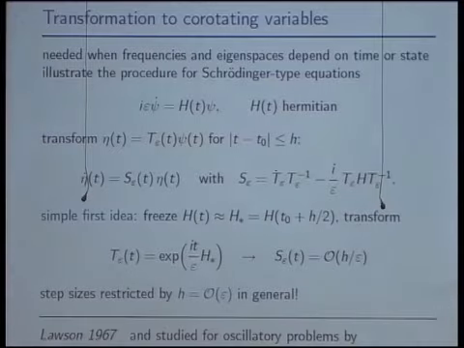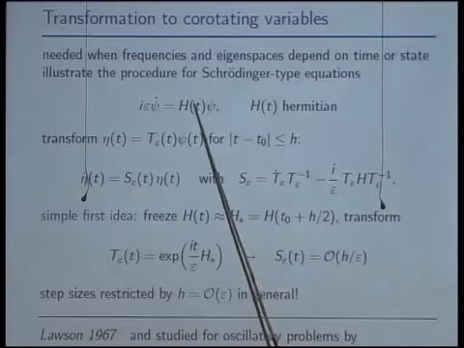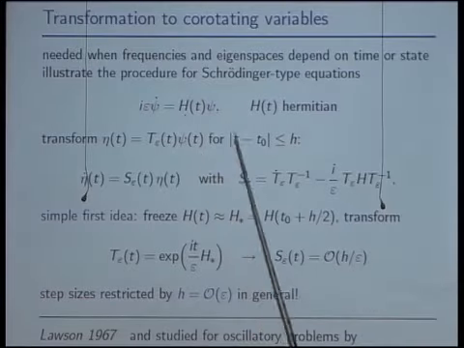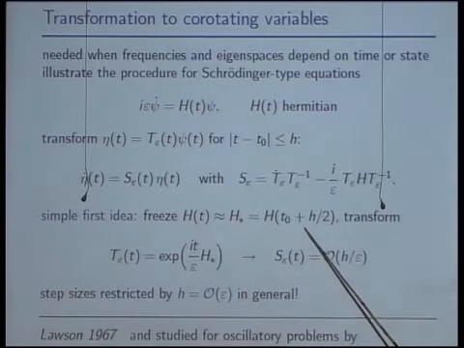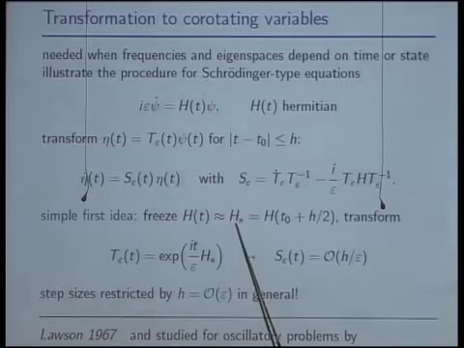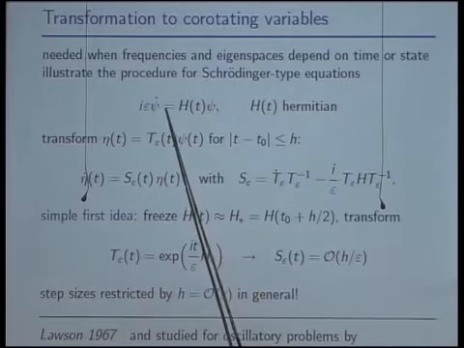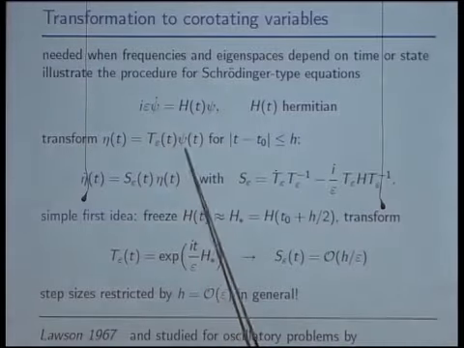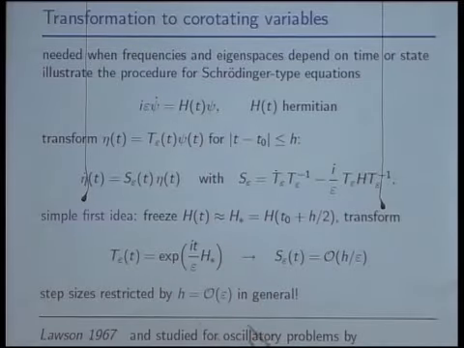Well, there's a simple first idea. Just freeze the slowly varying matrix H of t at the midpoint of the interval and transform in such a way that if H were constant, we would transform the solution back to the initial value. Now this would be just given by the exponential of this H star given here.